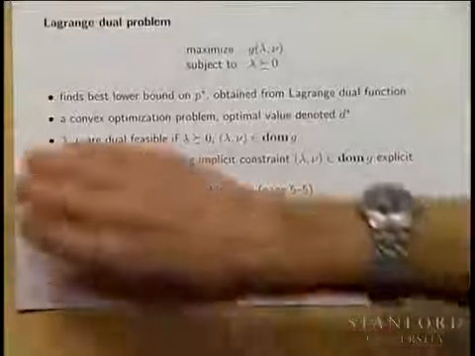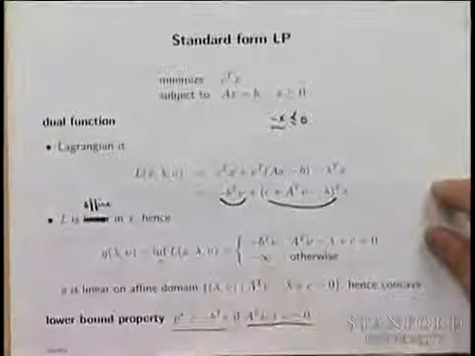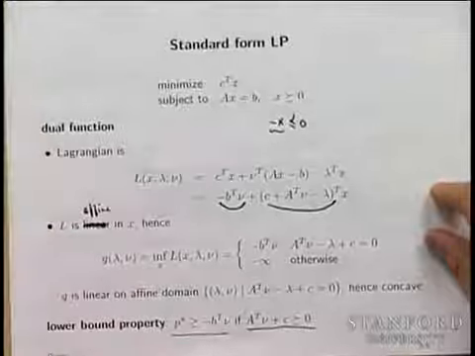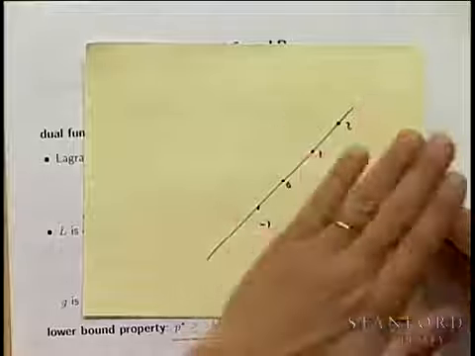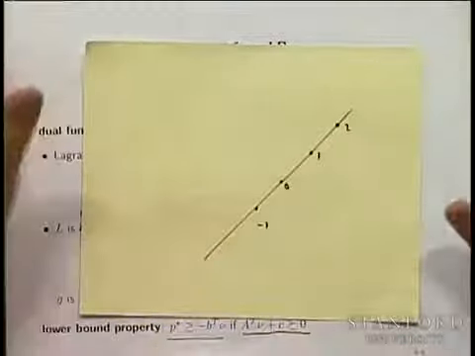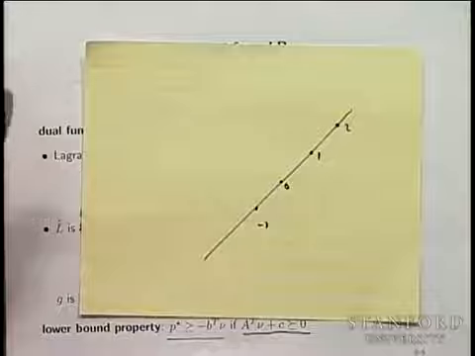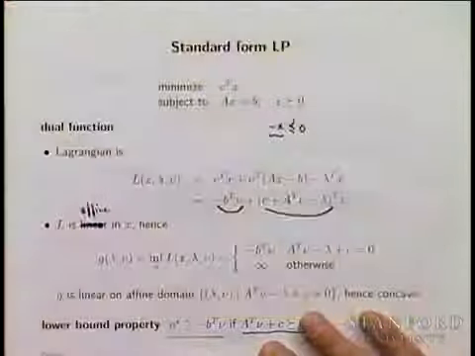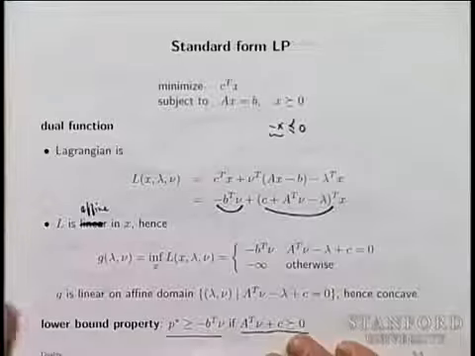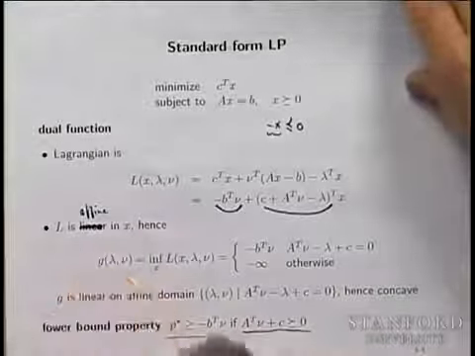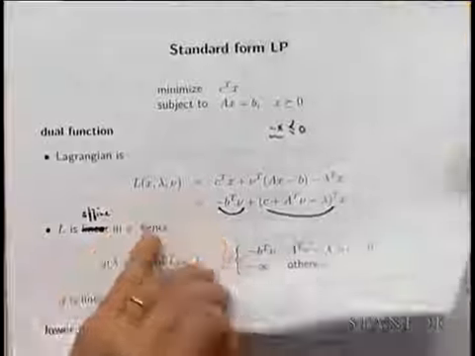Now, here, for example, let's go back and look at this. The dual function for this LP is this weird thing that looks like this. I drew it somewhere. It was this sick thing where this thing is kind of going up on a line, but off that line, the thing falls off to minus infinity. And we're simply to maximize that subject to lambda positive. However, it's easier to simply take the implicit constraint out, and you end up with something that looks like this.